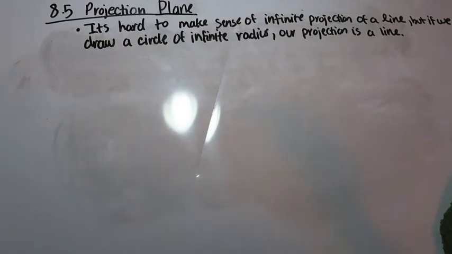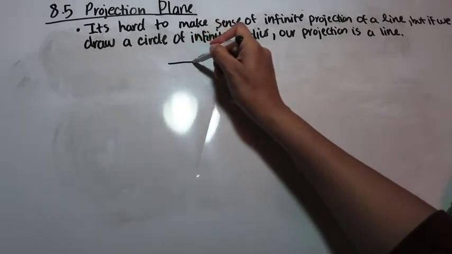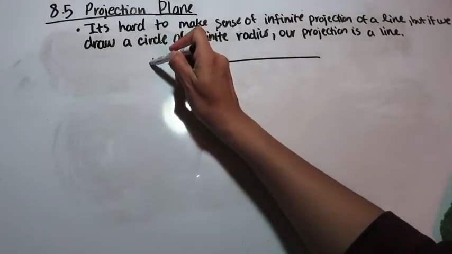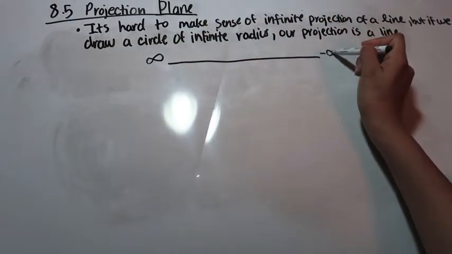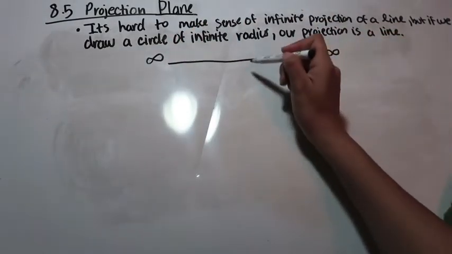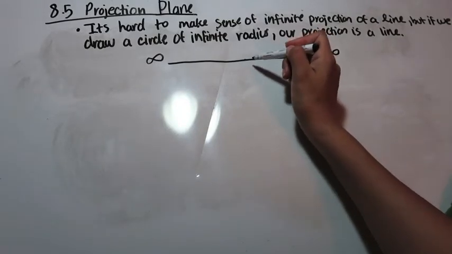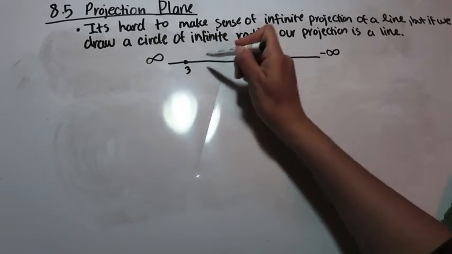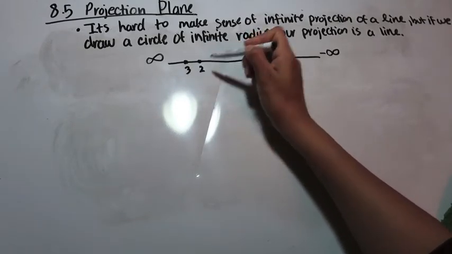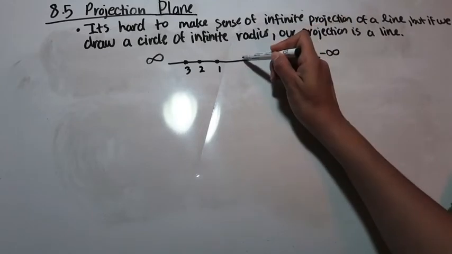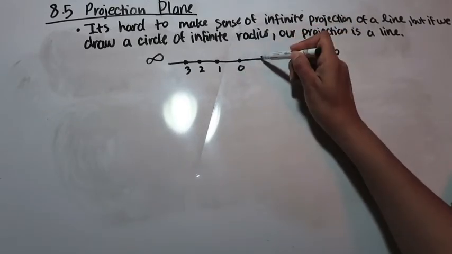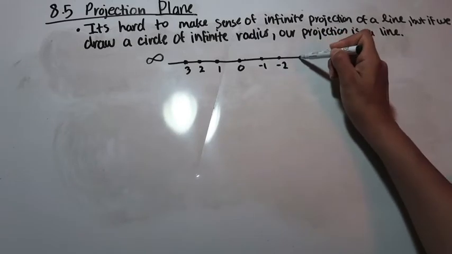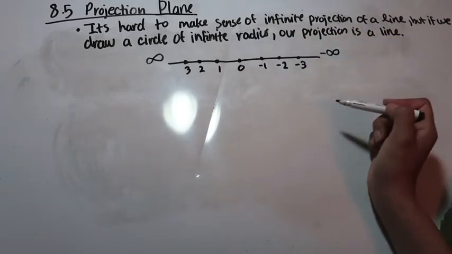So for example, we have a line like this, and this is infinity, negative infinity, and let's say our line starts with 3, so then this here is 2, 1, 0, and then you get your -1, your -2, and your -3.